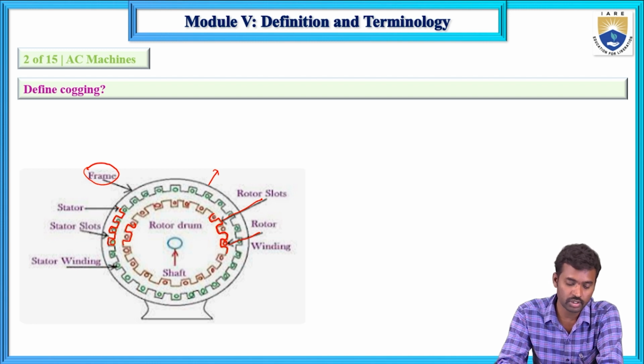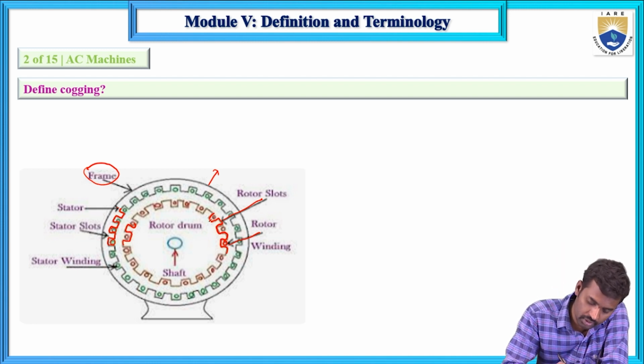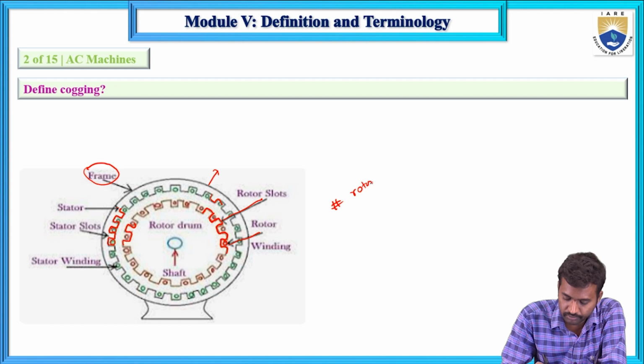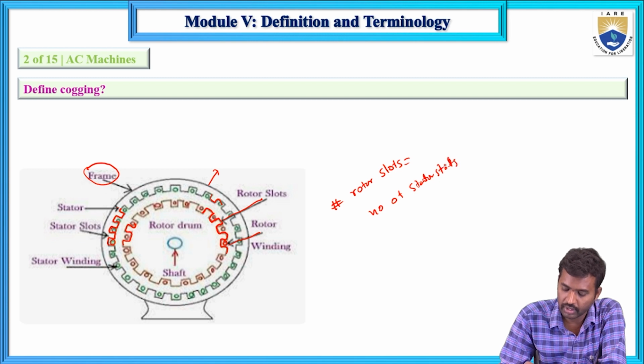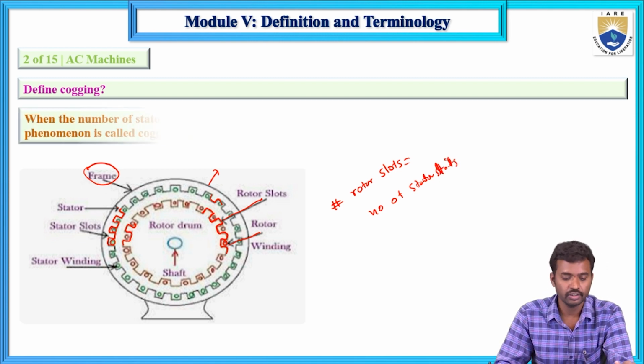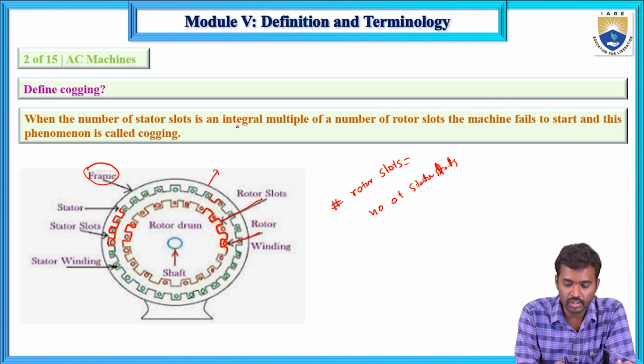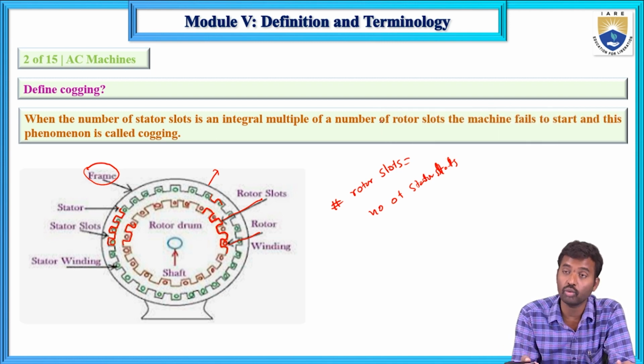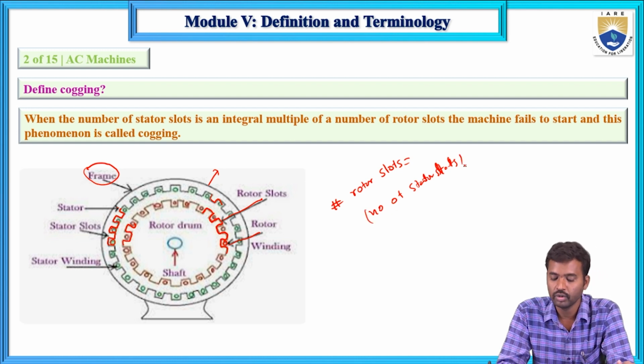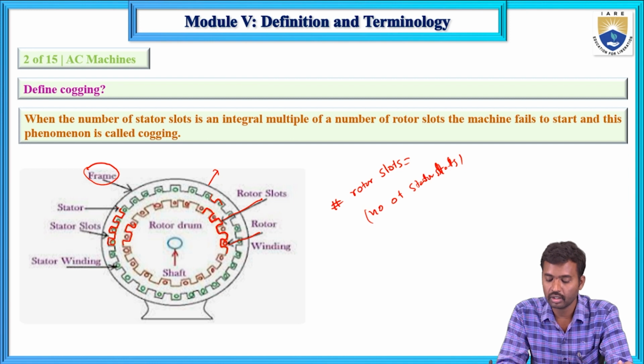When the number of stator slots is equal to or an integral multiple of the number of rotor slots, the induction motor fails to start.